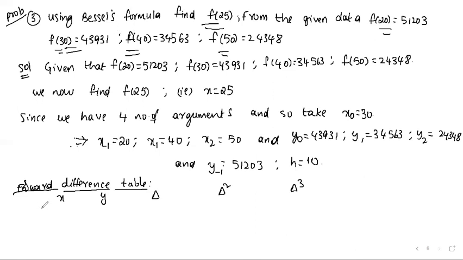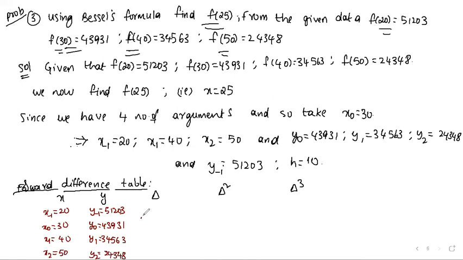Table values: x minus 1 is equal to 20, x naught is equal to 30, x1 is equal to 40, x2 is equal to 50. Y minus 1 is equal to 51203, y naught is equal to 43931, y1 is equal to 34563, and y2 is equal to 24348.